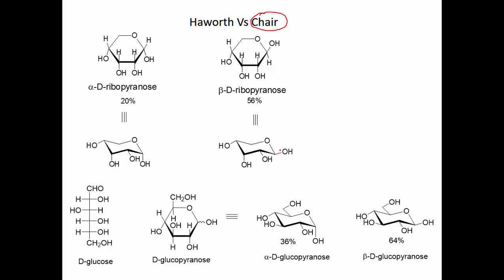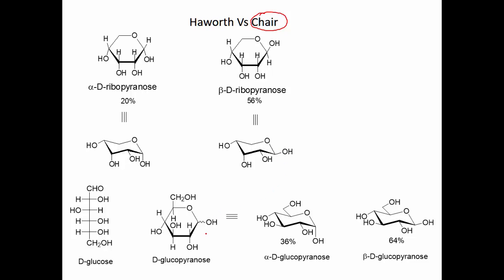This is a good first approximation, maybe, that we're seeing more of the form where the OH group is equatorial. There are some factors that are stabilizing the axial, but if we consider only sterics, the equatorial OH should be favored. D-glucose exists primarily in the six-membered ring form.